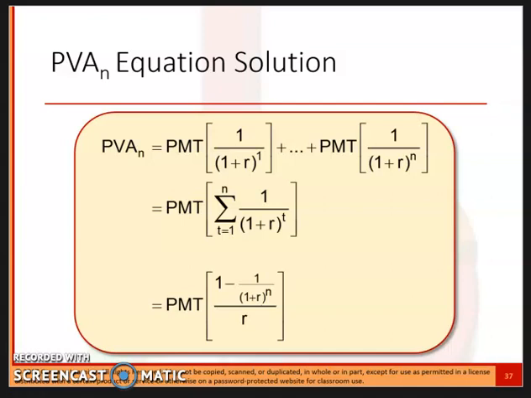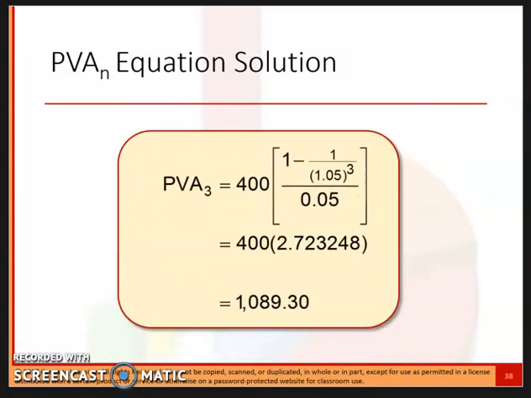So we have our $400 multiplied by 1 minus 1 divided by 1.05 to the third power, divided by 0.05. If you like using formulas, I would highly recommend that you get a graphics calculator. It is much easier to do these calculations. Using the formula, same number, same result: the present value of that annuity.